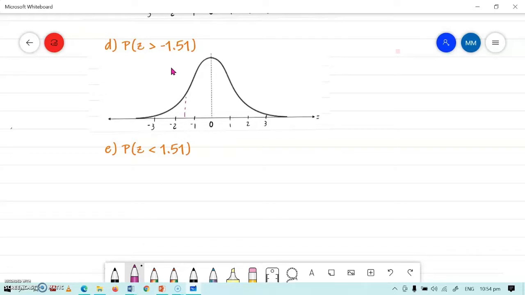Now, what we're looking for is the probability of z to be greater than negative 1.51. And since it's greater than, we have to shade the entire region to the right of negative 1.51.